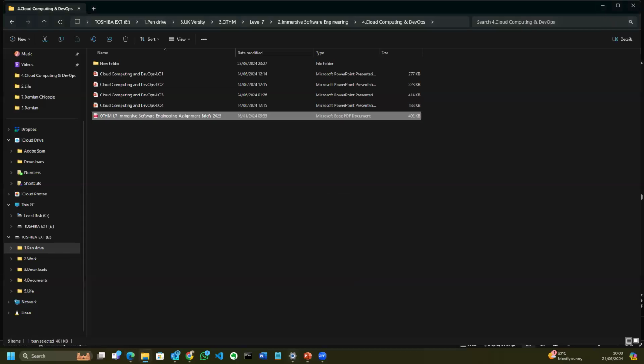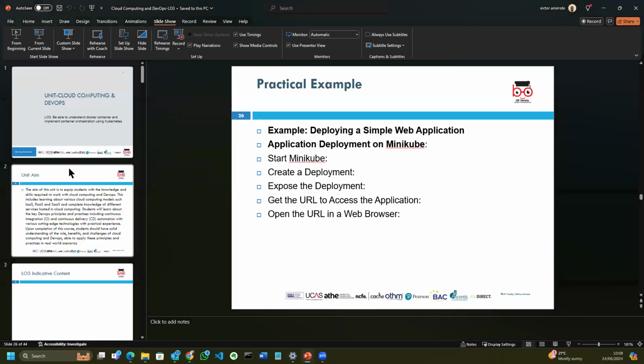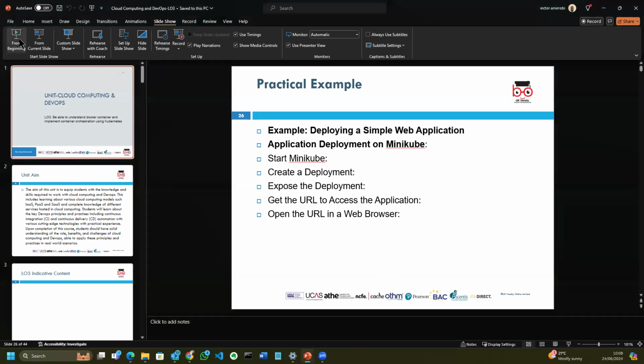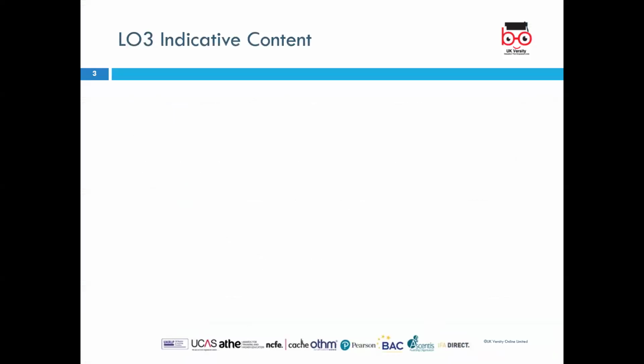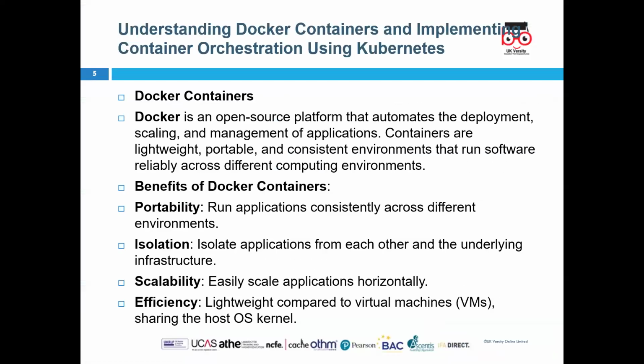So as we have now introduced this cloud computing technology, we're now going to understand why they are important and why they are so much used by these big companies. So what are Docker containers?